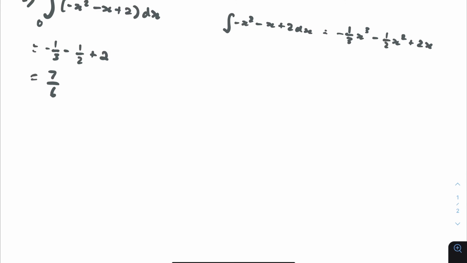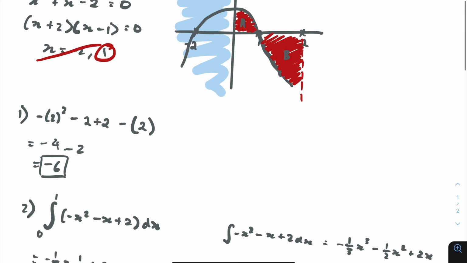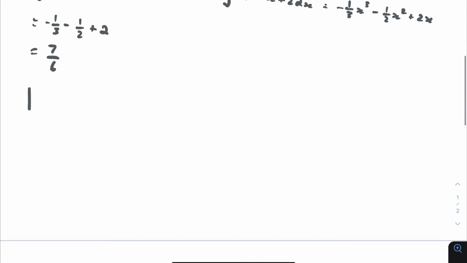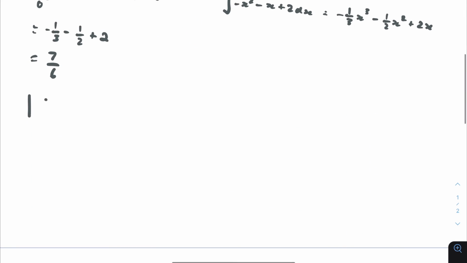So now for part B's area, we would have to use the absolute value because it falls below the x-axis as shown here. So that would be the absolute value of the integral of negative x squared minus x plus 2 dx, and then we have the integral right over here.